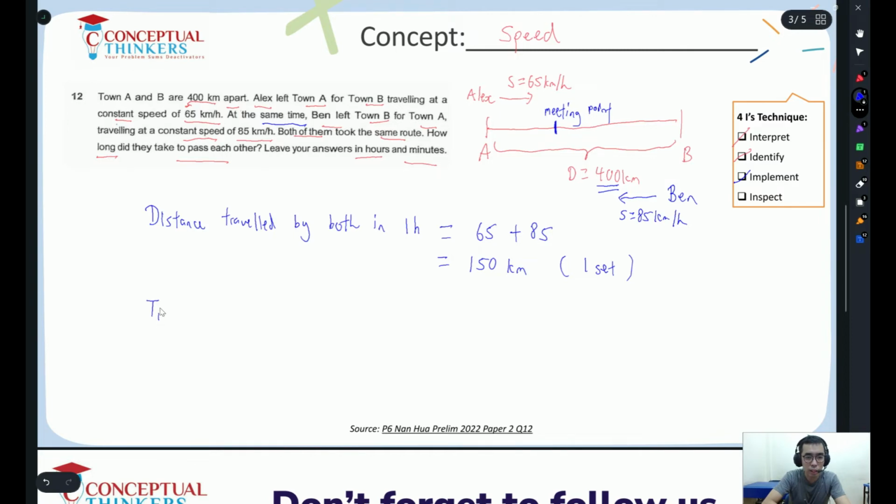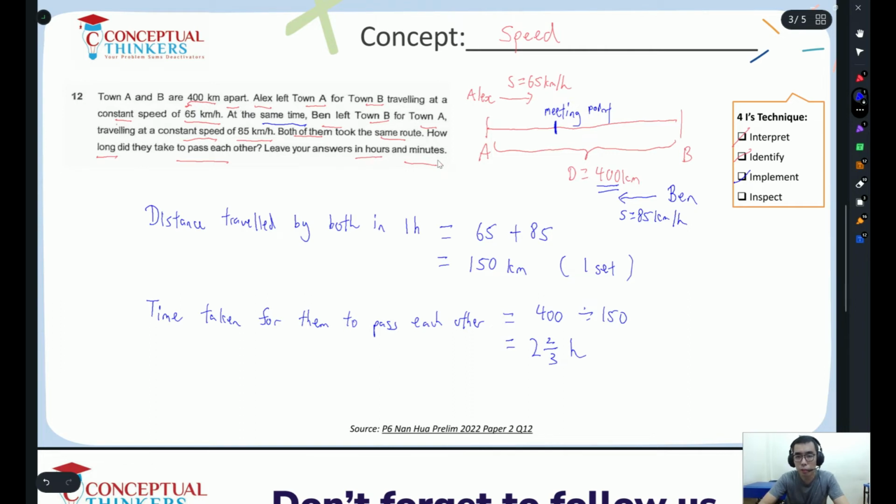So we can calculate the time taken for them to pass each other. Okay, so we take 400 km divided by 150. Now, we will get the number of sets of 1 hour. So this will give me 2 2/3 sets, or 2 2/3 hours.